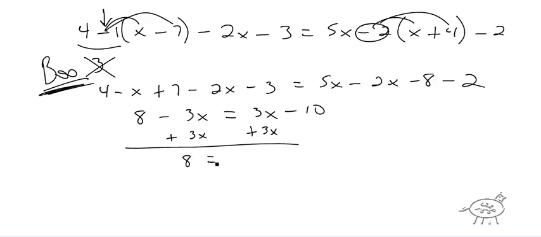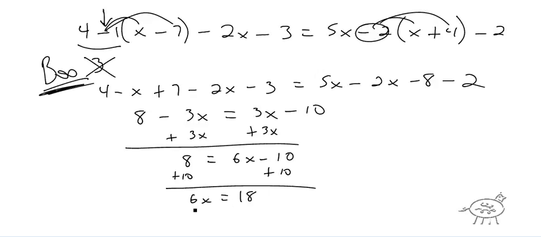So I get 8 equals 6x minus 10, and add 10 to both sides. So 6x equals 18, divide by 6, x equals 3. That's not too bad, right? That's very reasonable. But just be really careful when you're doing these problems.